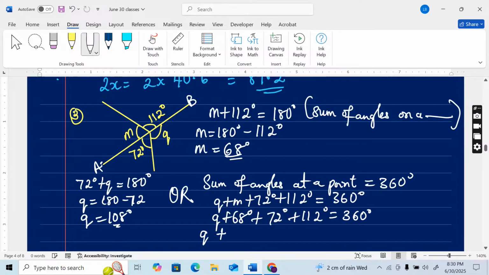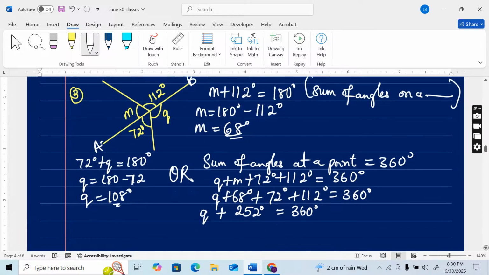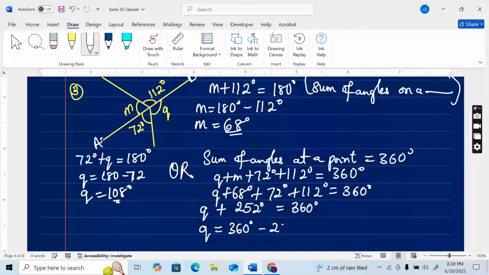Now, Q plus, let's add them up together. 68 plus 72, that will give us 140. And 140 plus 112, that will be 252. All right, 252 degrees plus Q equals 360 degrees. Now let's find the value of Q. Q is equal to 360 degrees minus 252 degrees, which is equal to 108 degrees.